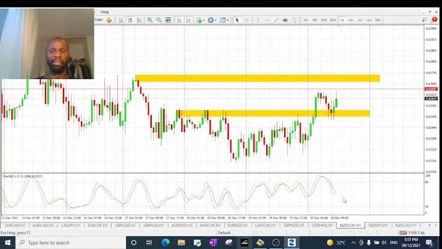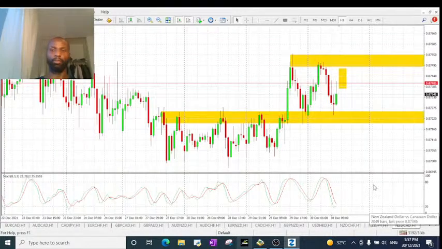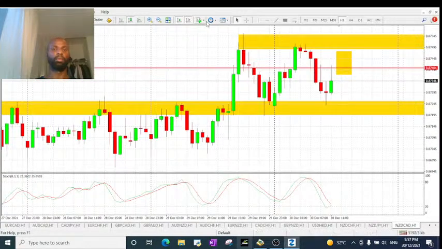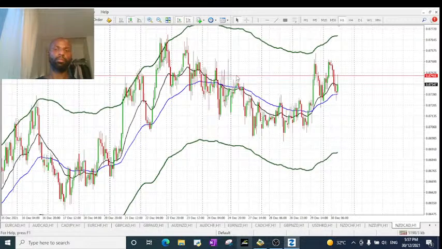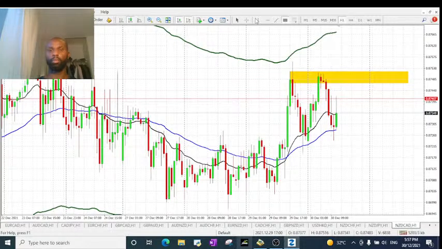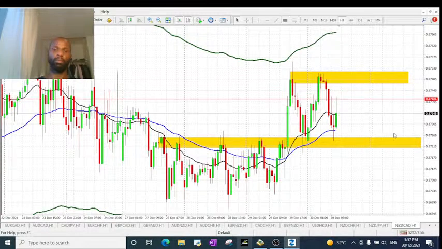This is a trade I might be interested in actually. Let's see how this green candle closes. We are definitely in a range.